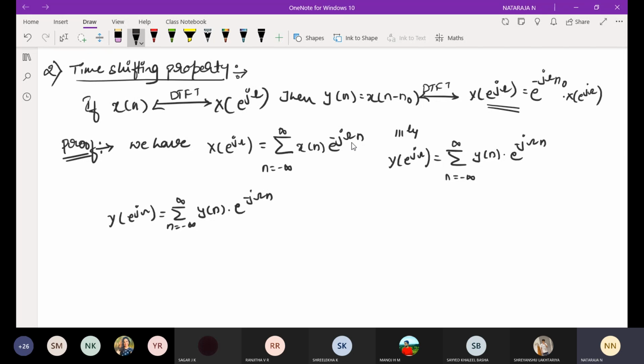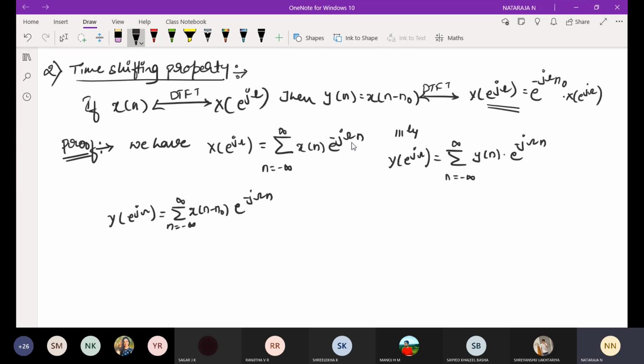So I am going to replace y of n with x of n minus n naught. Why? Because y of n we already know is x of n minus n naught, and we need to take this and prove it.